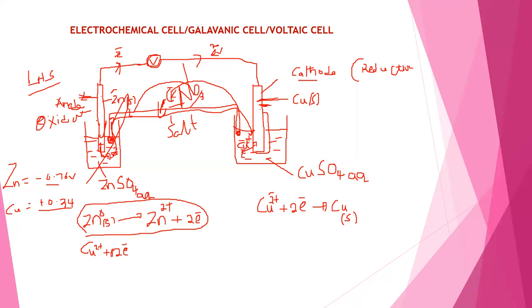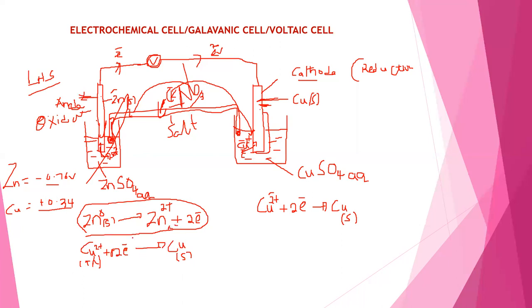The two half cells. If you combine them, this is always solid. This is aqueous. This is also solid, aqueous, like that.